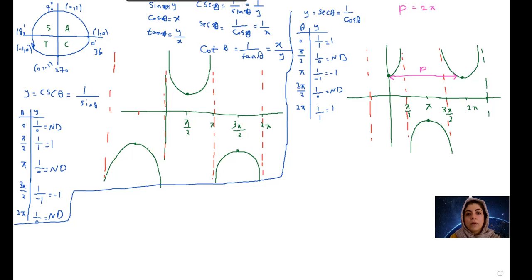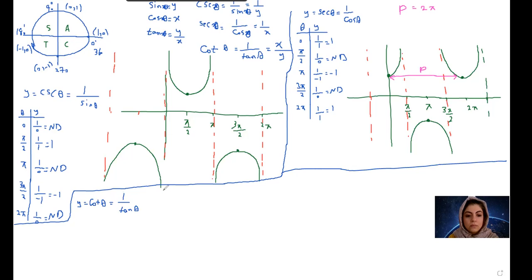Anyway, I'm going to now draw y equal to cotangent theta, which is equal to 1 over tan. 1 over tan is the x component over the y component.